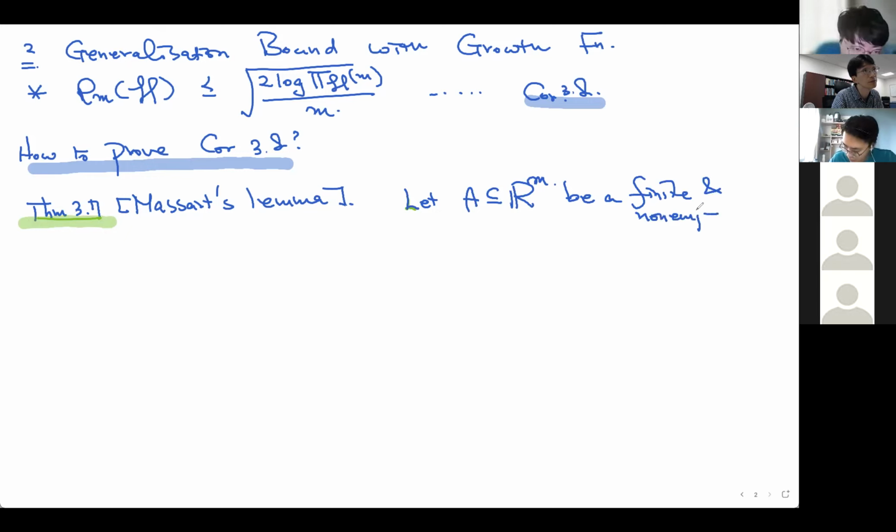And also that R is the maximum, because it's finite we can talk about the maximum, of the L2 norm of y over y in A. What does this mean? This means the maximum over y in A of the square root of the sum of the squared coordinates yi.